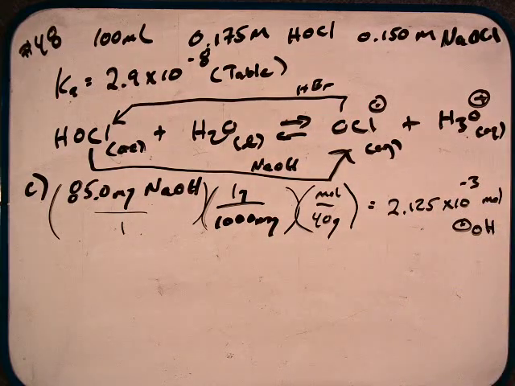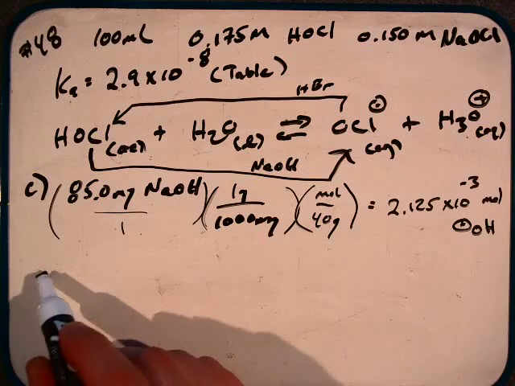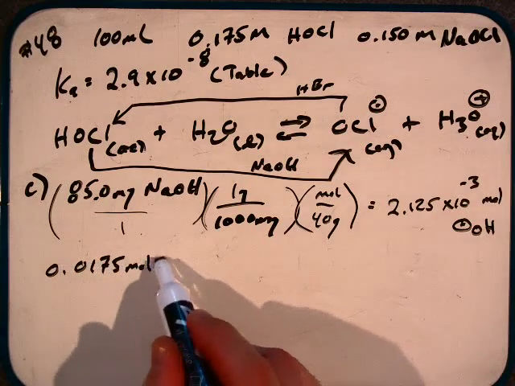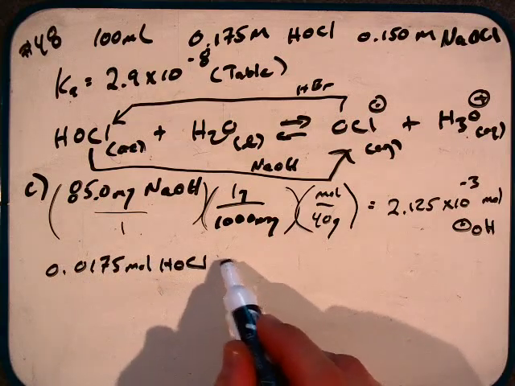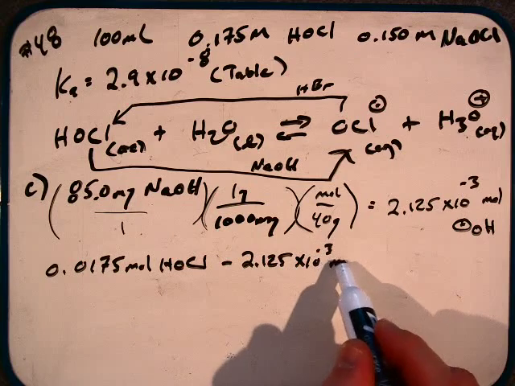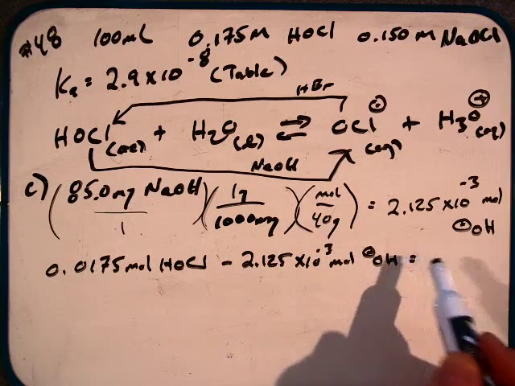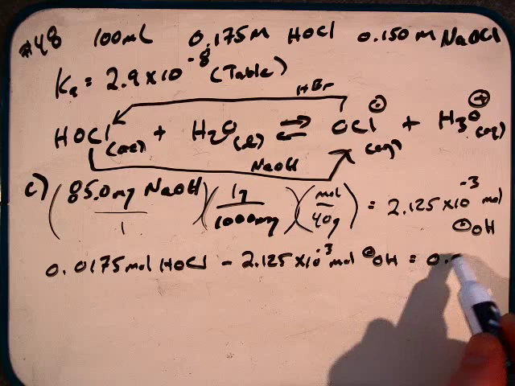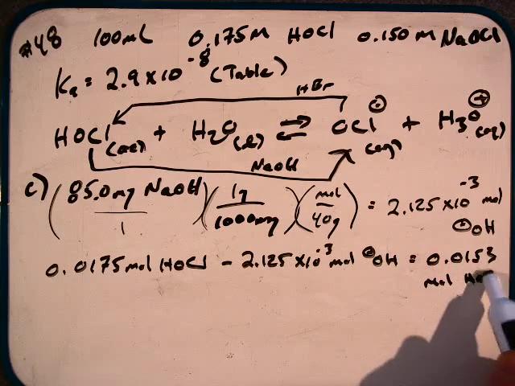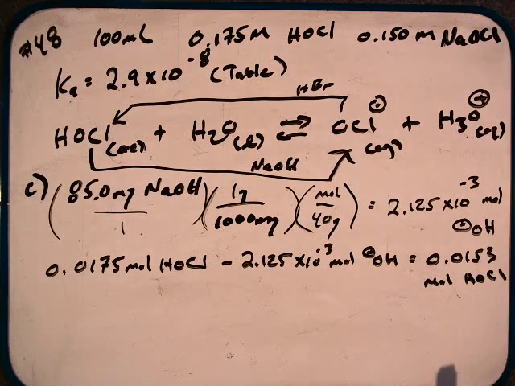And so we get 2.125 times 10 to the negative third moles of hydroxide. From part B, we already figured out the mole values of our HOCl. And so we are going to subtract that value to get our new mole value for HOCl, 0.0153 moles.